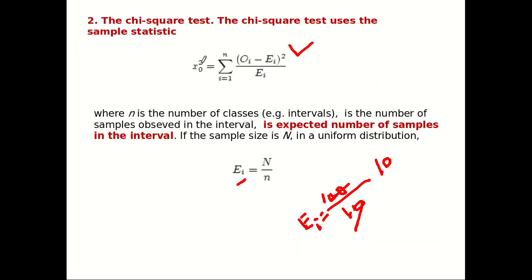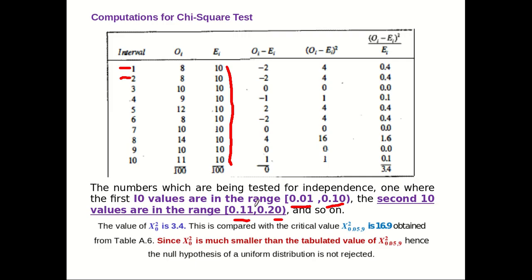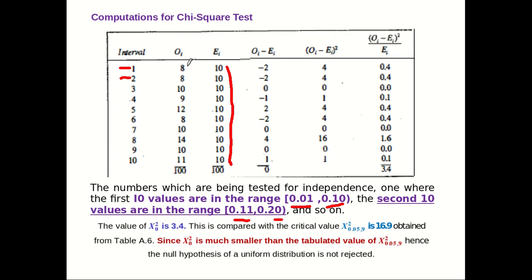If we look at all this data, in the first interval, between 0.01 to 0.10, how many values are present? According to our observation, we can find 8 values, but expected is 10. In the second interval we are expecting 10, but we observe 8. For the third interval we observe 10, and the expected is also 10.